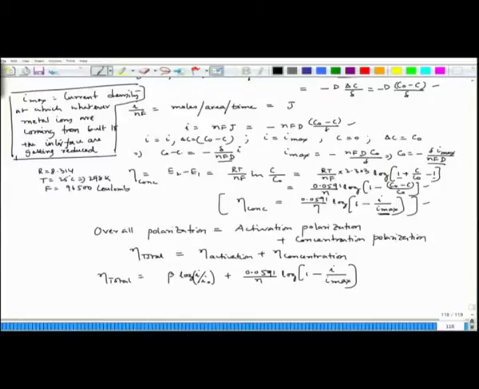Because when we have overall polarization, if we try to reach the concentration polarization end, we should go first through the activation part and then the concentration part will come up, because when we have activation controlled polarization, then I have enough supply of metal ions from the bulk to the interface.